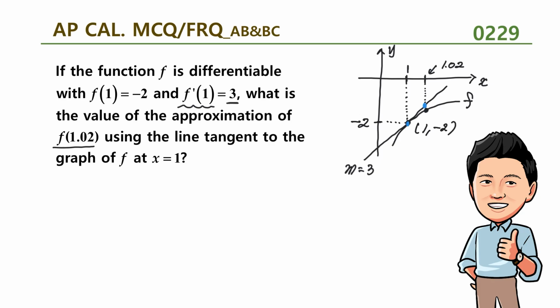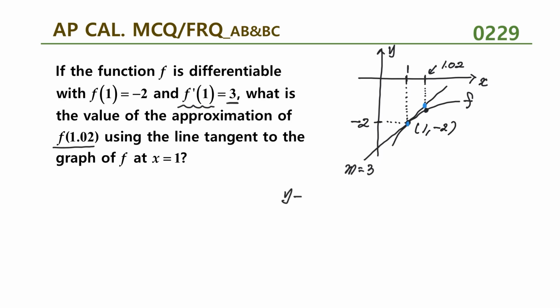So y minus y1, negative 2, is equal to slope m, 3, times x minus x1, 1, right? So far so good. So y plus 2 is equal to 3 times x minus 1. This is the equation of the tangent line.